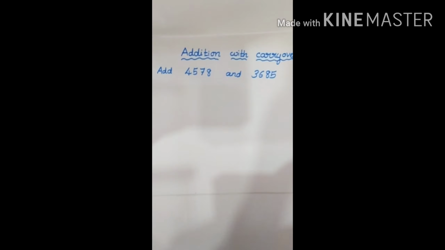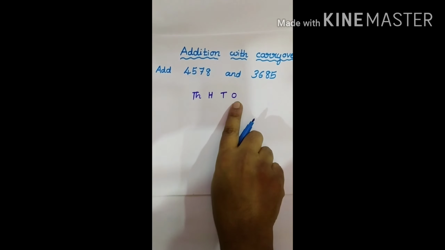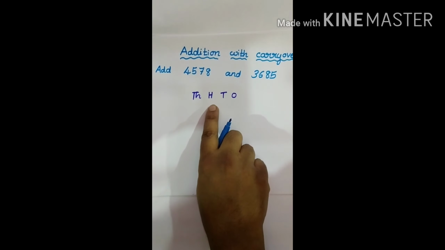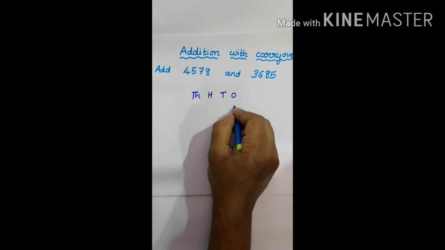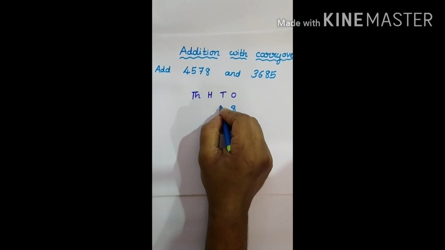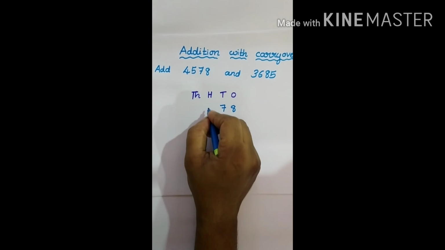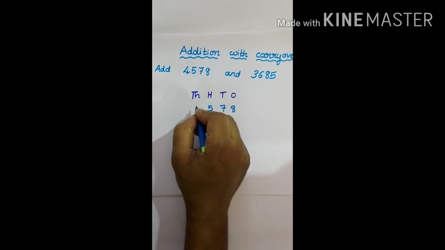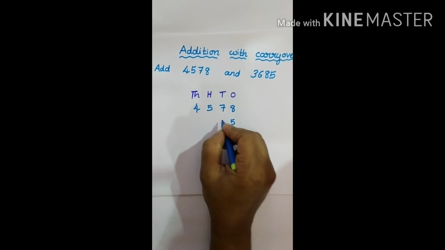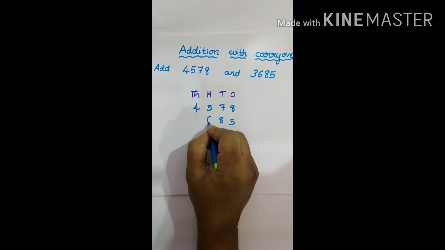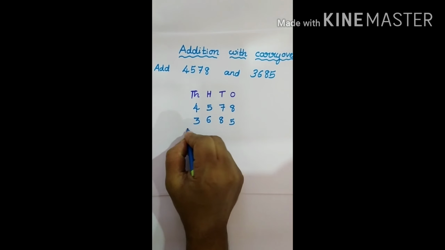We then arrange the numbers according to the place values: ones, tens, hundreds and thousands. 8 under ones, 7 under tens, 5 under hundreds, 4 under thousands. The second number: 5, 8, 6, 3.